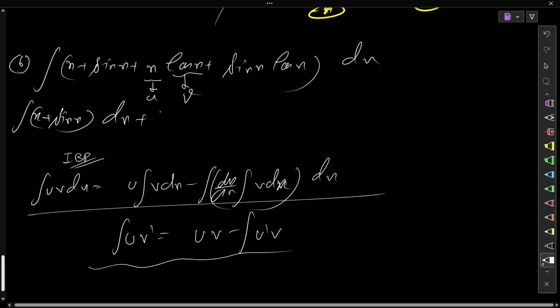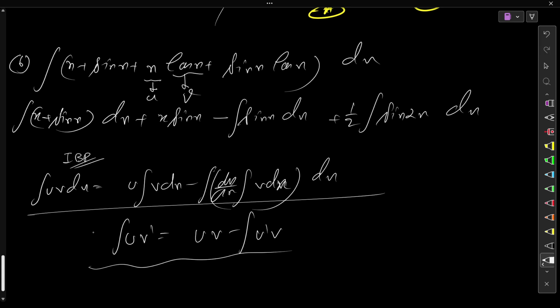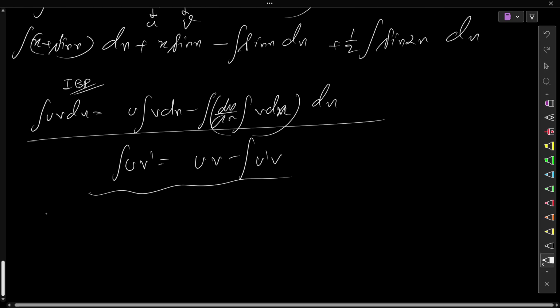Okay, so this could be written as x sine x minus the integral of sine x dx, plus the integral of half sine 2x dx. So from here, sine x got cancelled, so we are left with x square by 2.